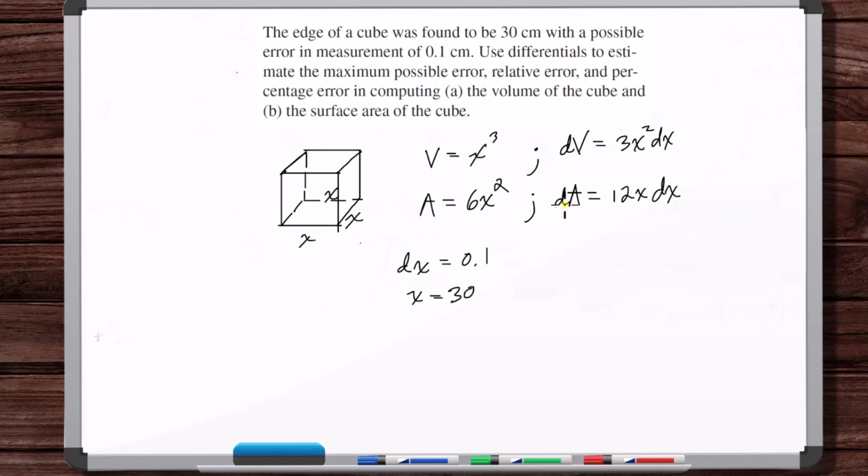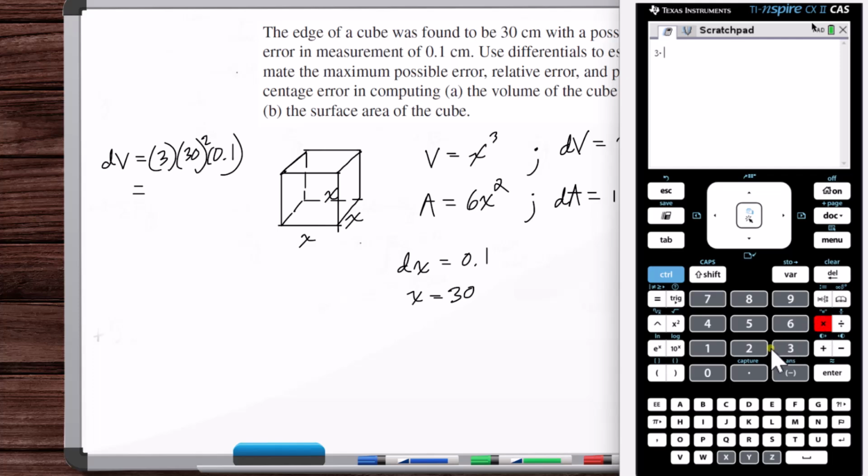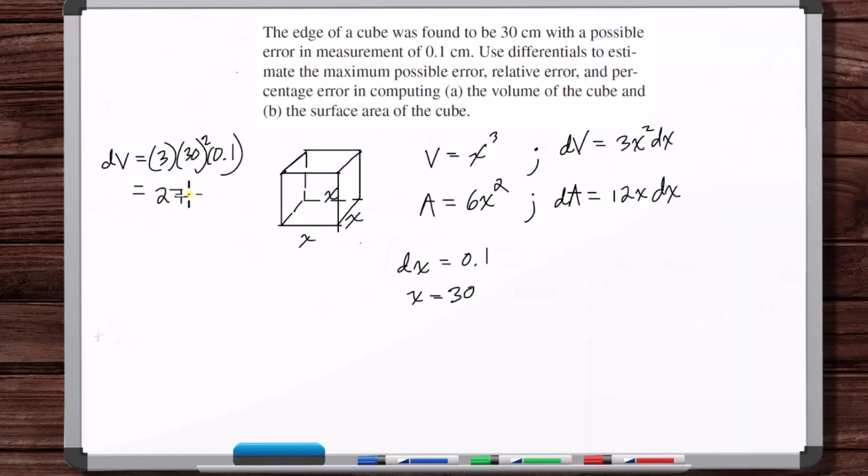So let's solve for dV and dA. dV is 3 times 30 squared times 0.1, which is 270. And that's going to be cubic centimeters.